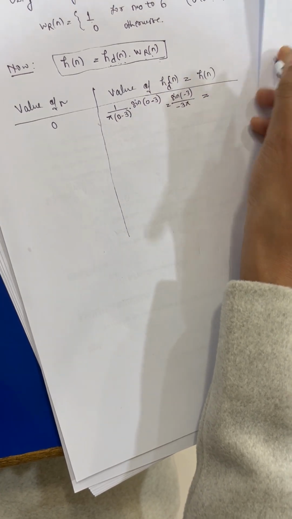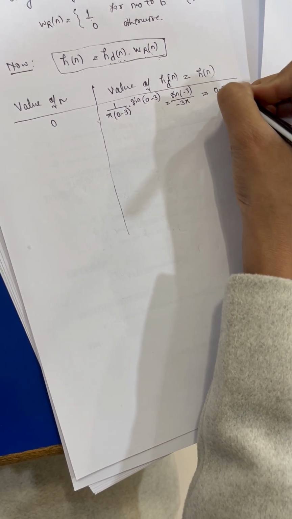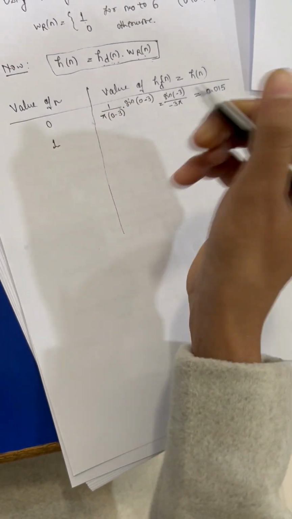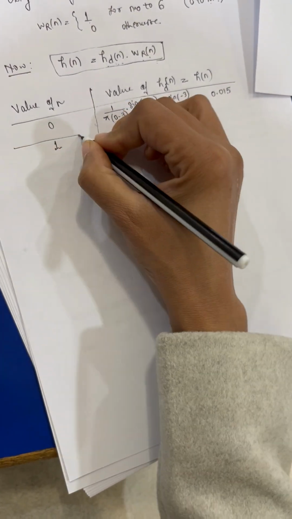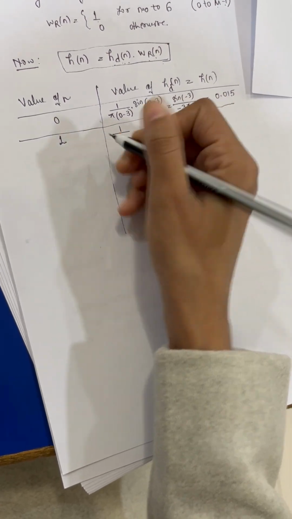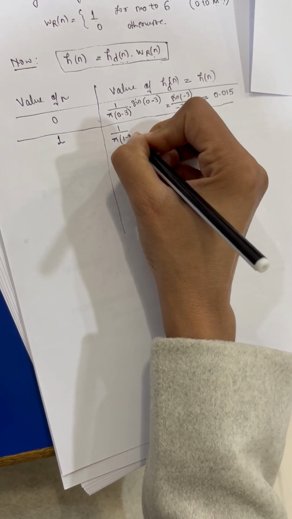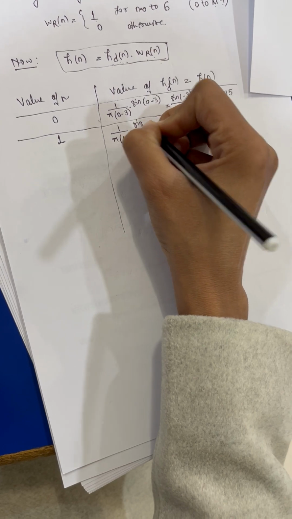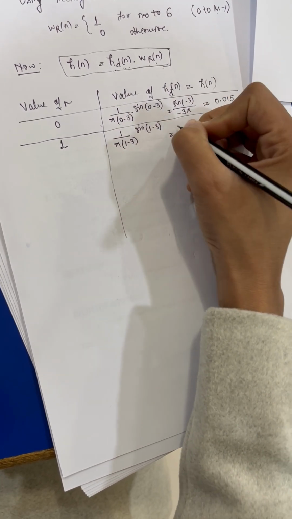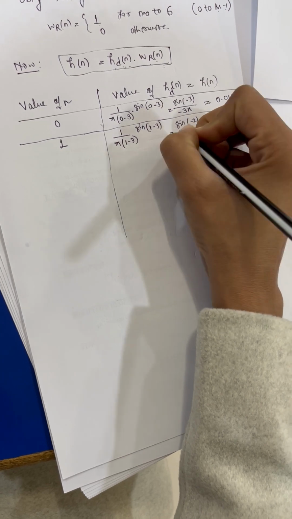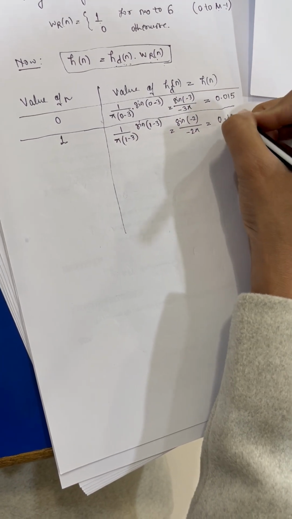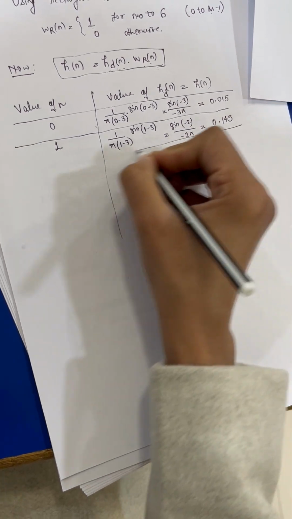After solving this, we'll get the value 0.015. When n equal to 1, put the value, pi (1 minus 3), sin (1 minus 3), sin minus 2 over minus 2 pi. After solving this, we'll get 0.145.